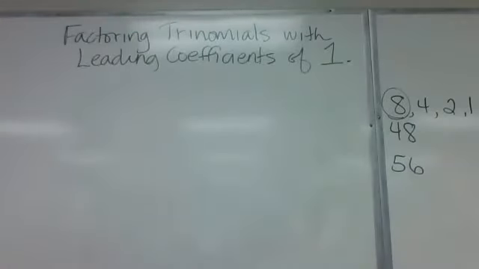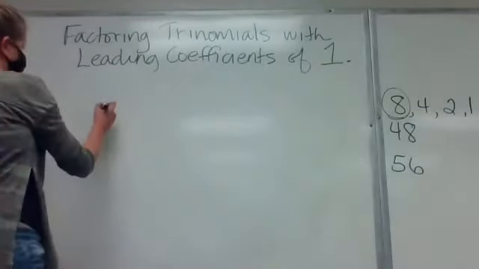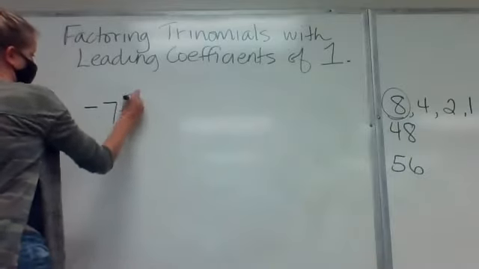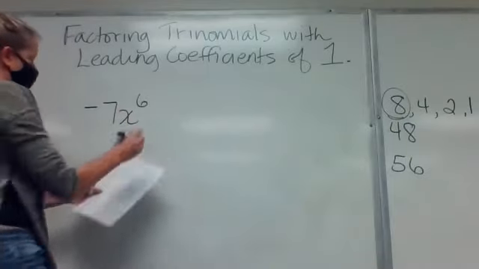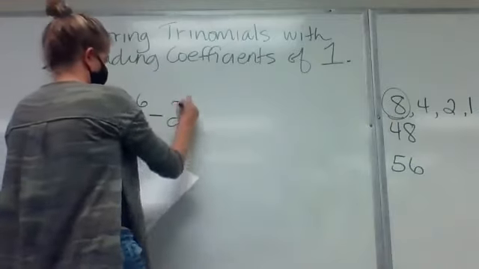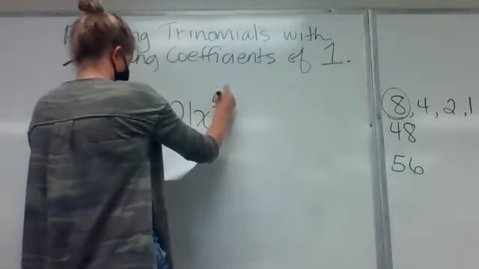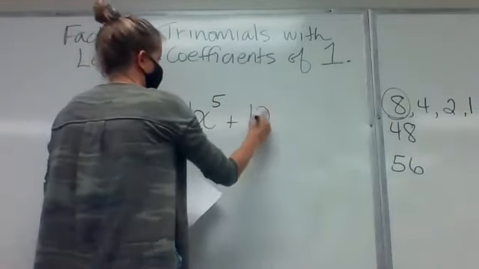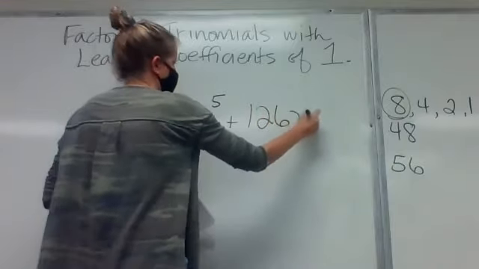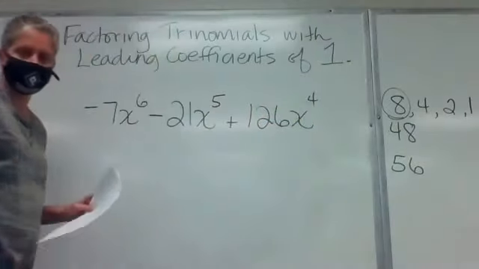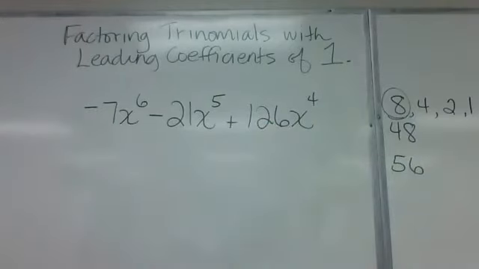Negative 7x to the 6th minus 21x to the 5th plus 126x to the 4th. So I've got 3 terms. Let's see, I do see they all have x's, so I am going to pull out some x. Let's see if I can pull out some number too.